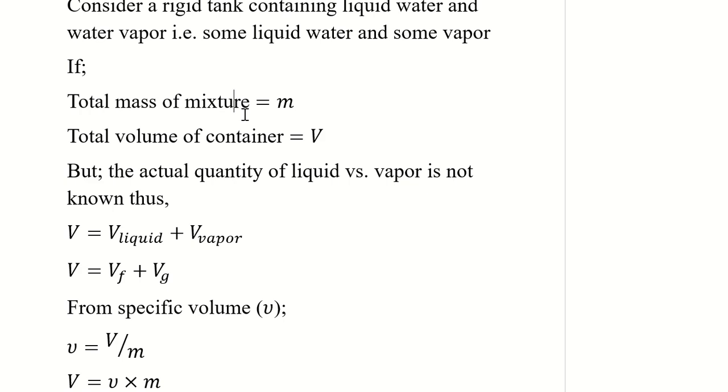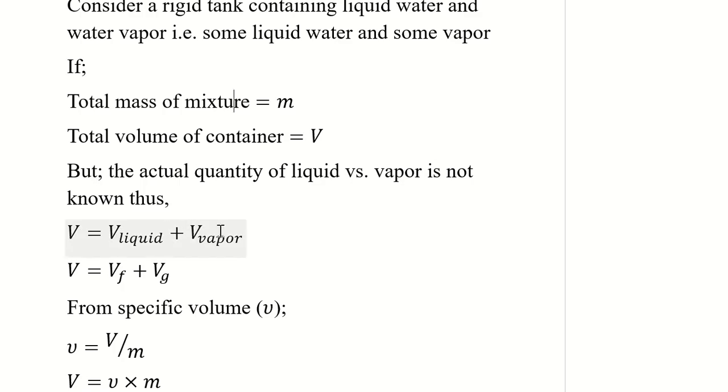So as it says, boiling at 100 degrees Celsius, you no longer know the volume of the water because some of it has evaporated and is now in the vapor phase. So now you can no longer know the actual quantity of liquid and that of vapor.